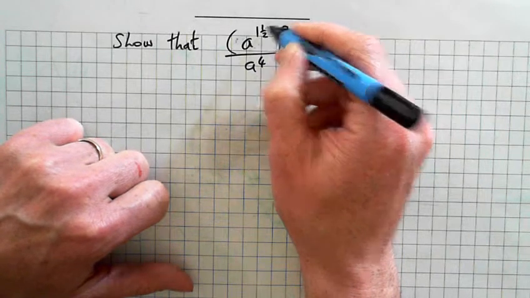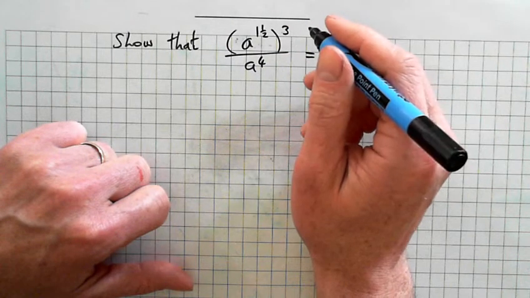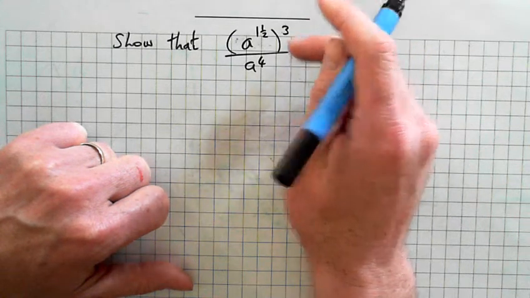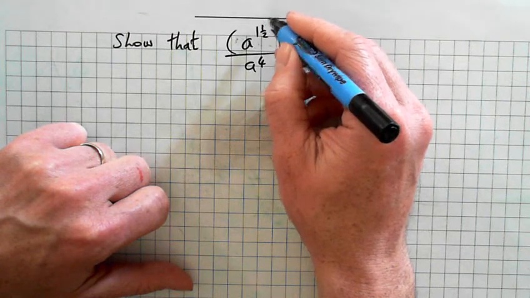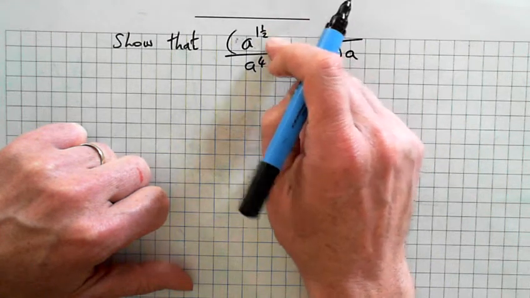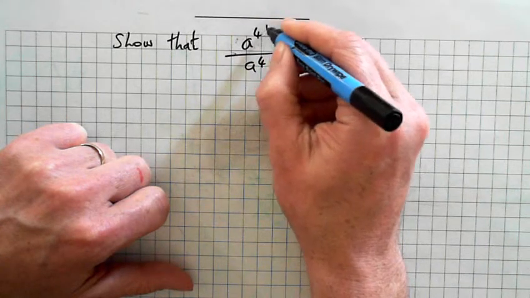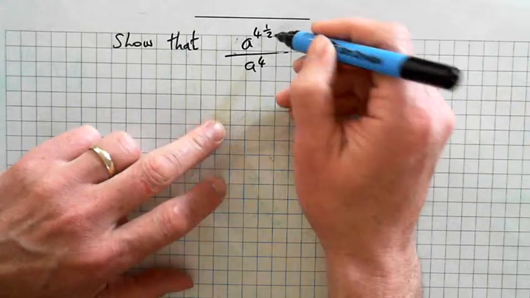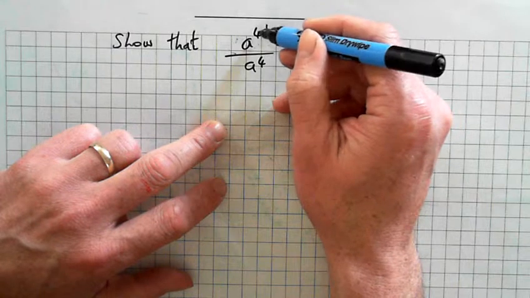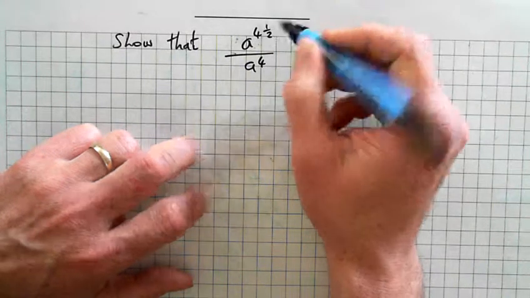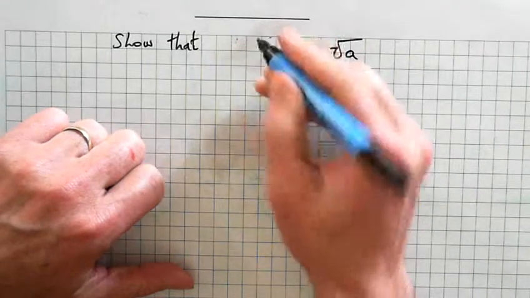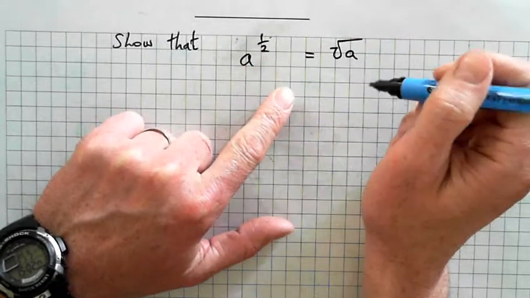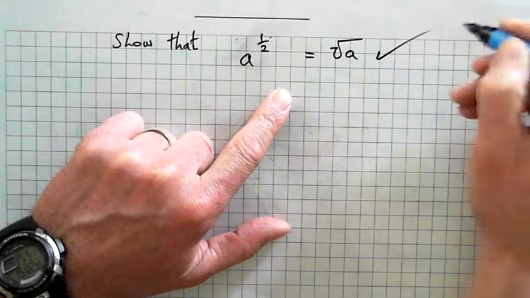You multiply the 3 times 1.5. 3 times 1.5 is 4.5. Right, the final step. What happens here? You subtract 4 from 4.5. What do you get? Is 8 to the half the same as the square root of a? Yeah, it is. Okay.